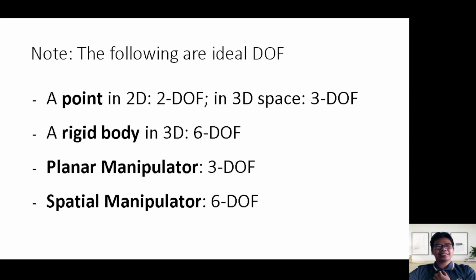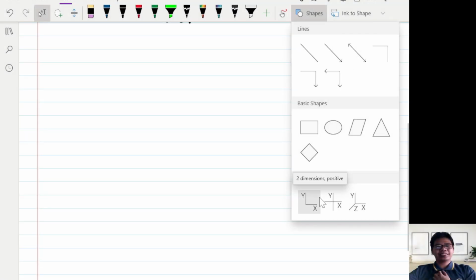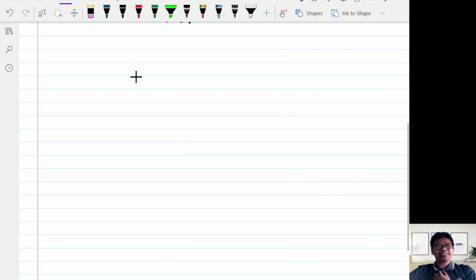So the first example is a point. According to this, a point in a 2D space can move along two directions, horizontally and vertically, giving it 2 degrees of freedom. So just like our 3D object, let's represent a point in space beside a 2D Cartesian coordinate system. So this is a point.